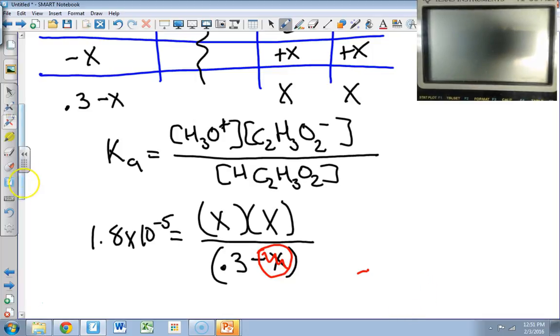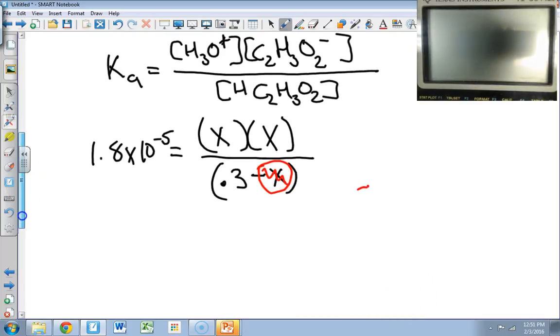That means that when we solve this, we can get rid of this x, and that saves us from having to do the quadratic equation. You're more than welcome to do the quadratic equation, but as a chemist, sometimes doing that math is unnecessarily precise.